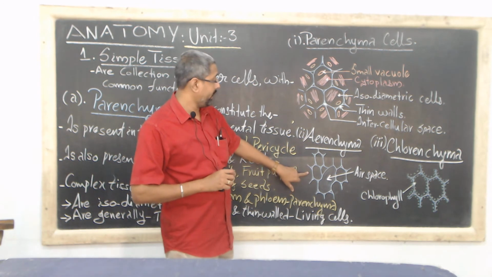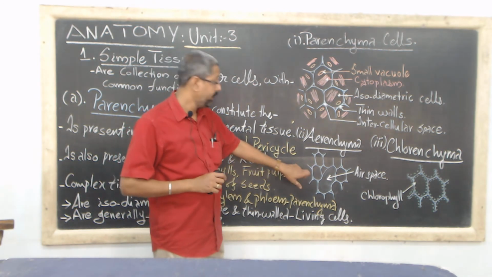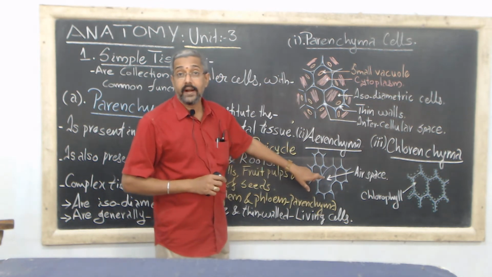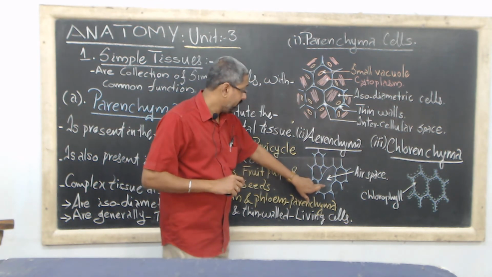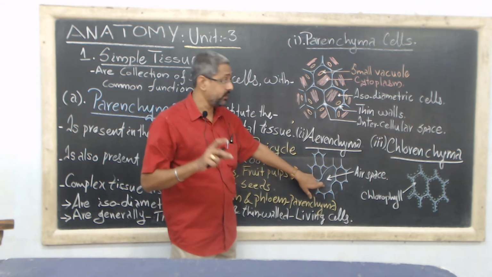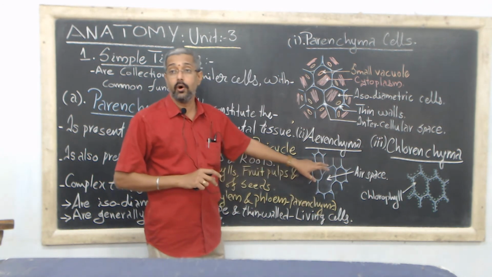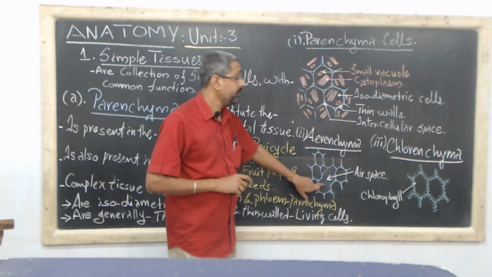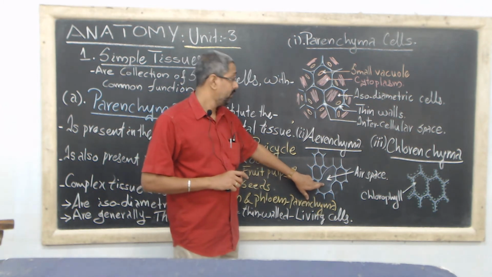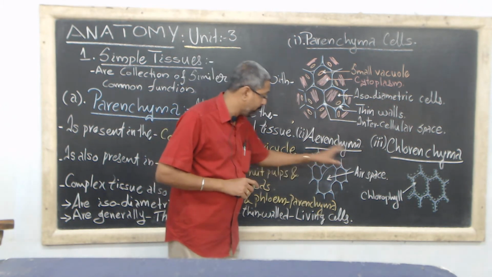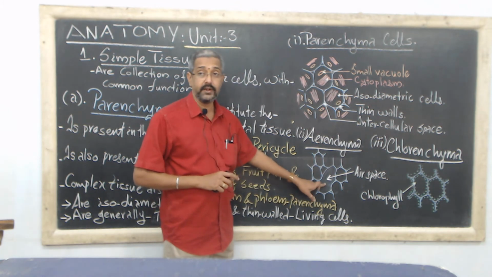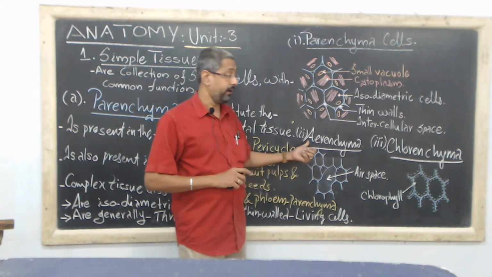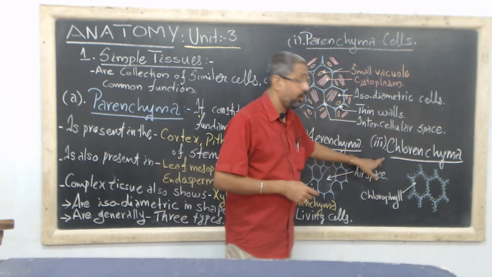In addition to the intercellular spaces, in some areas where the parenchyma cells are distributed, some of the cells disintegrate and make a cavity or space, which helps in carrying or occupying air. Such a group of parenchyma cells with air space is called parenchyma. And the third one is chlorenchyma.